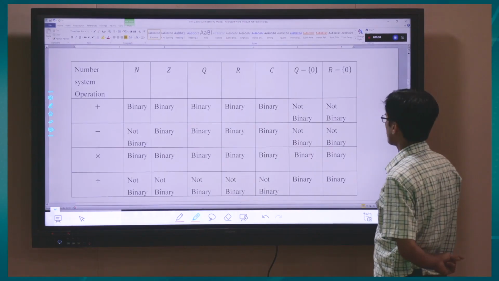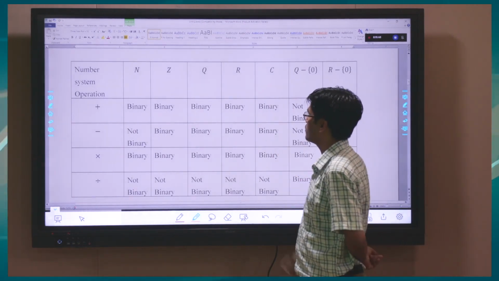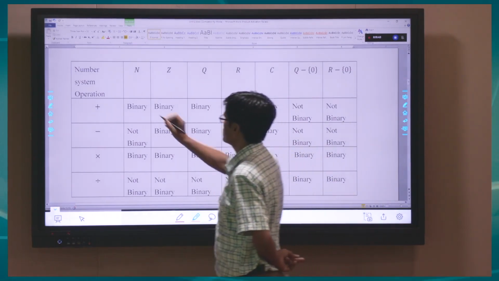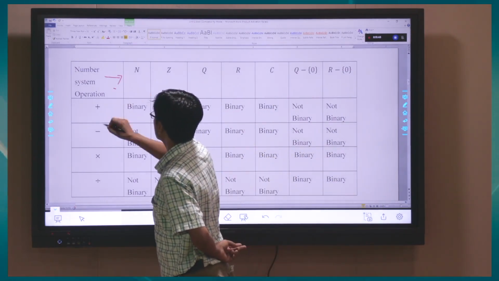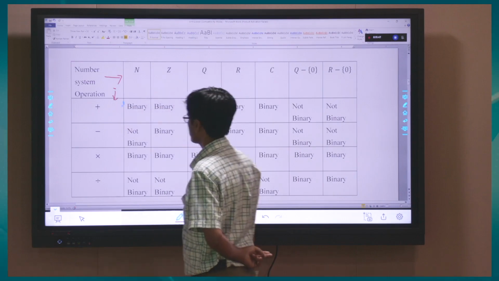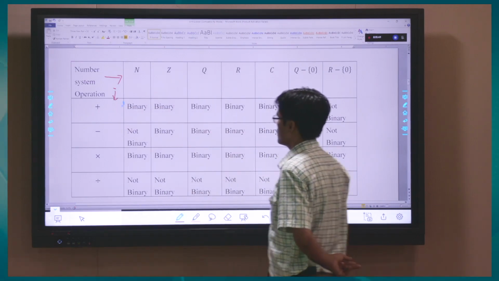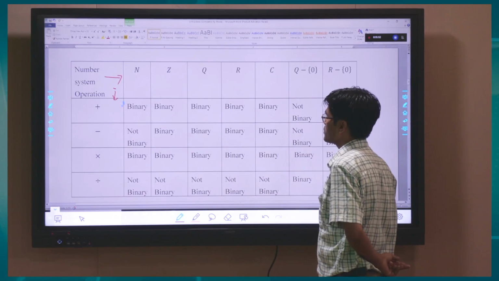So now we observe this table. Here in this direction there are number systems, and in this direction there are operations. There are 4 operations: addition, subtraction, multiplication and division.